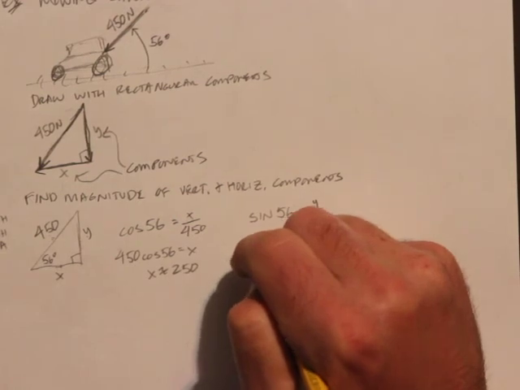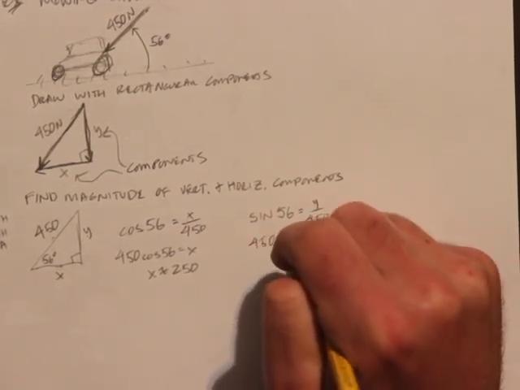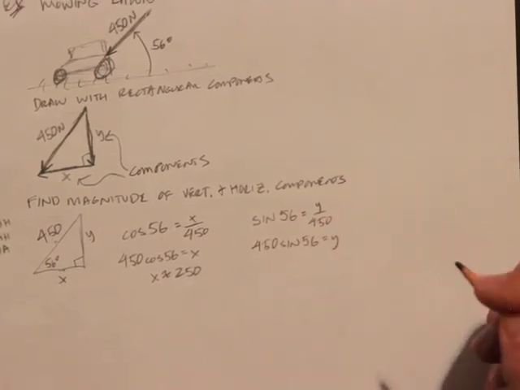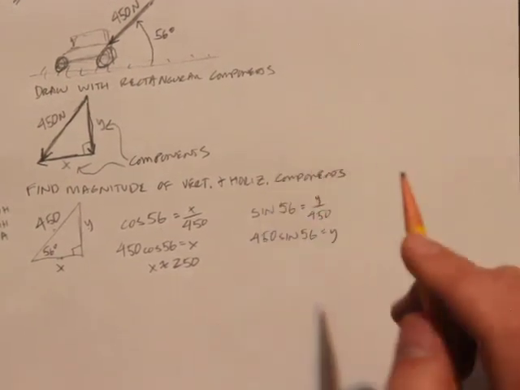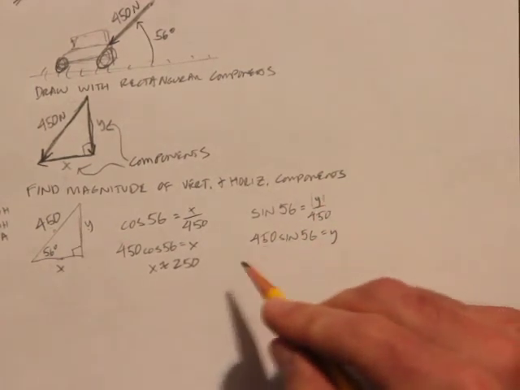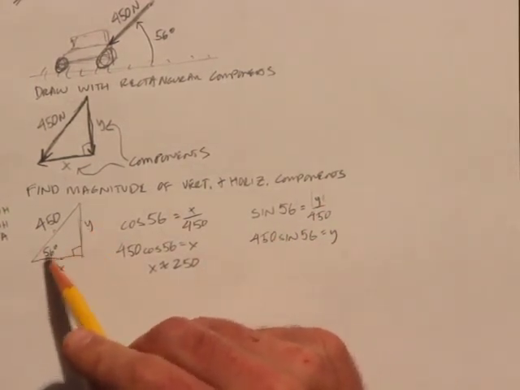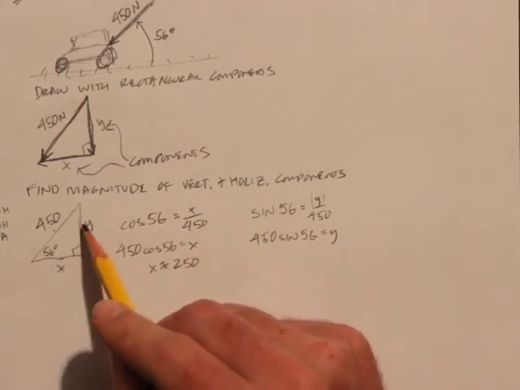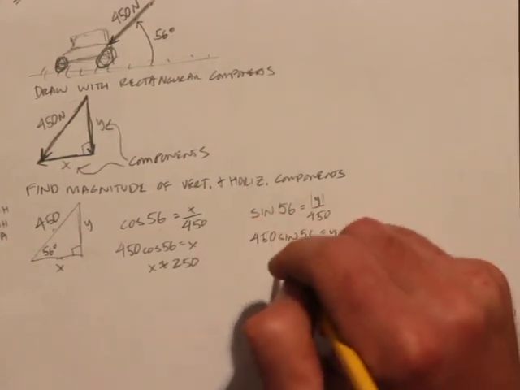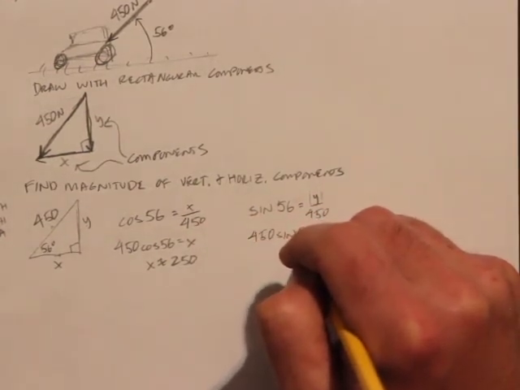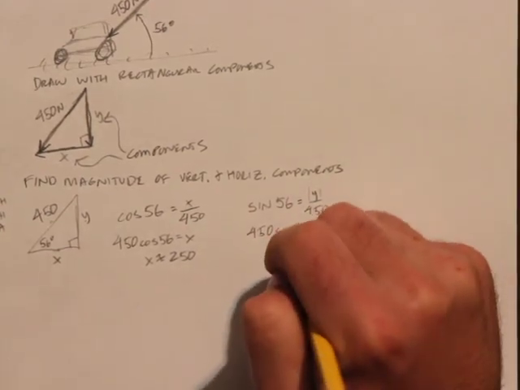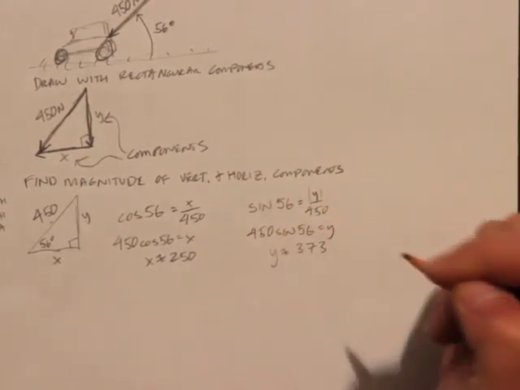Multiply both sides by 450, so I got 450 sine of 56 equals Y. And now we want the absolute value of Y, because you might get a negative number here, but we need a positive one since these distances are always going to be positive. 450 times sine of 56, and make sure that your answer is positive, is 373.